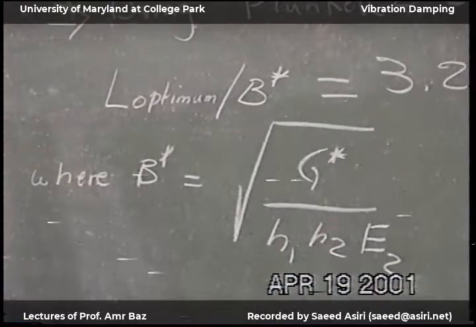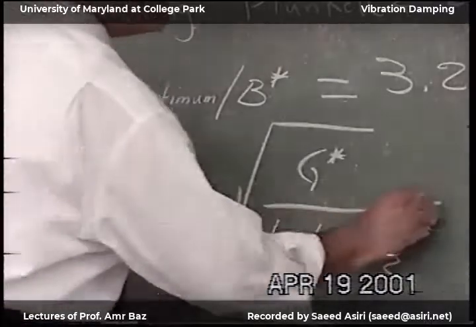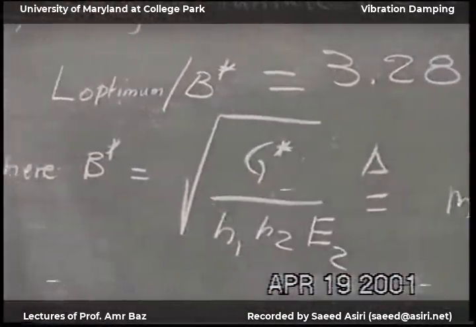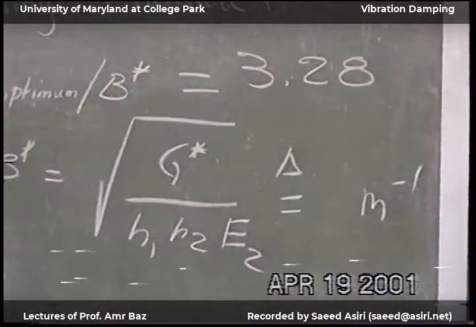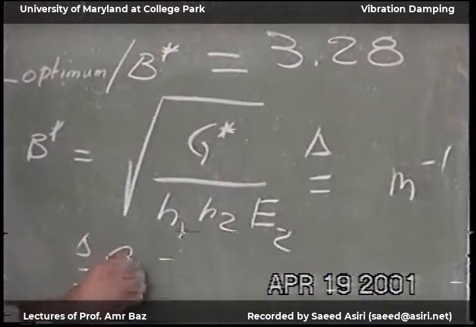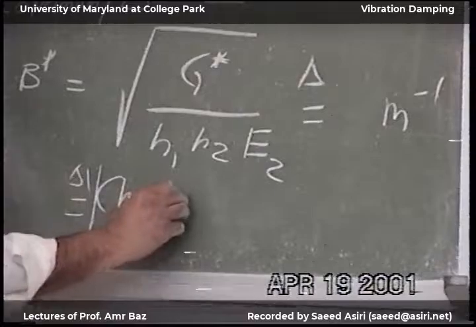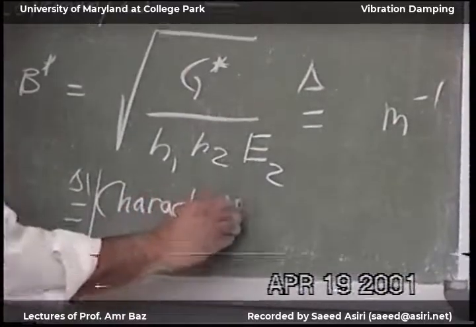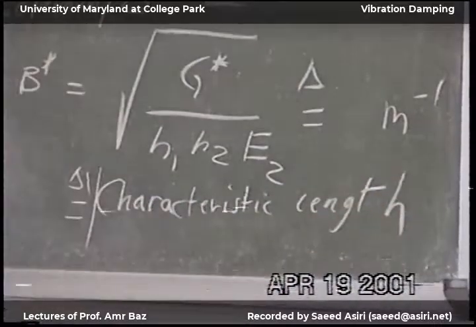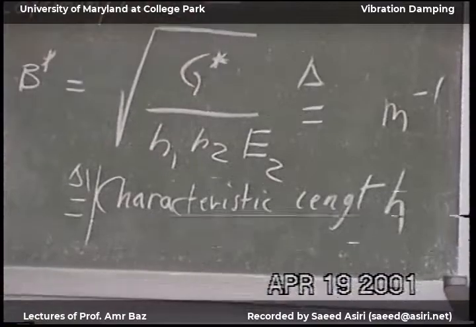So it has dimension of 1 over meter. So this is meter minus 1. This is called the characteristic length of the viscoelastic material. I'm sorry, 1 over characteristic length. So if you want to design an optimum length, that's how it is.